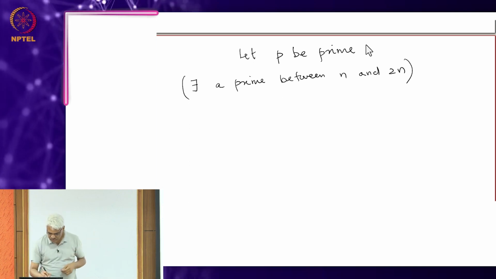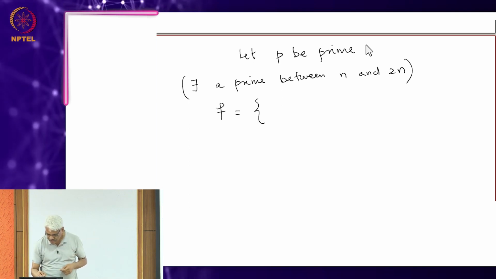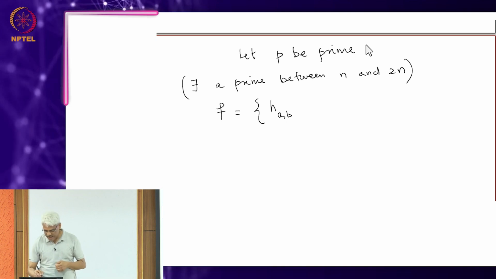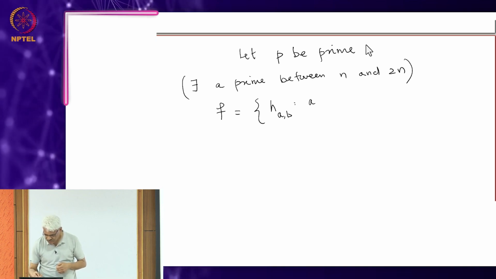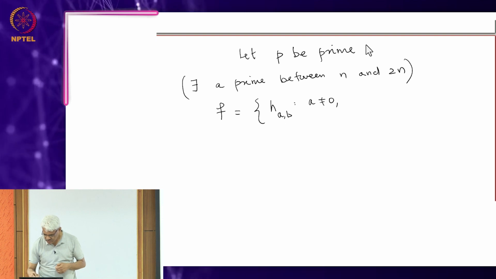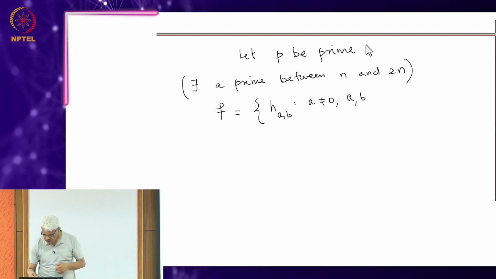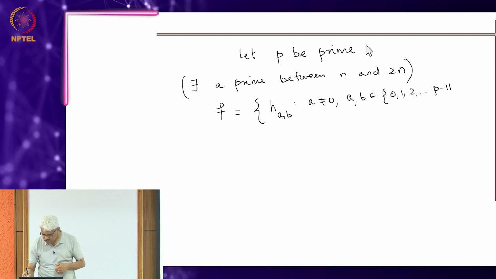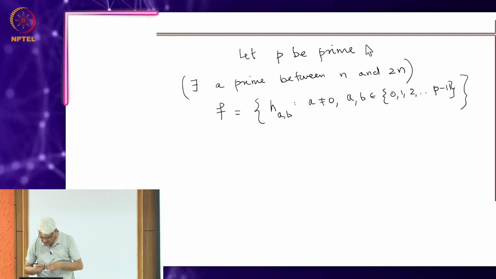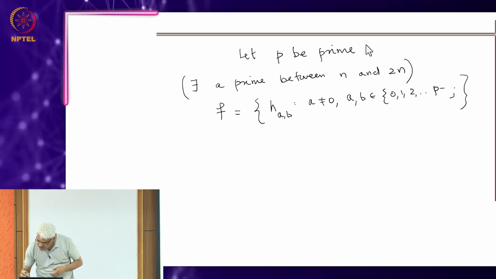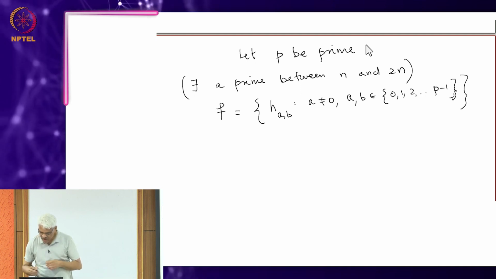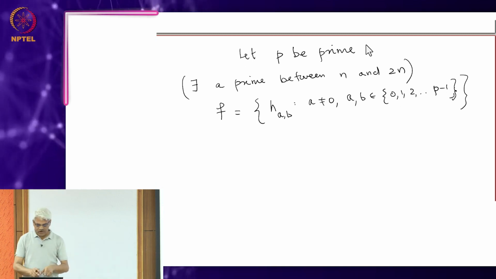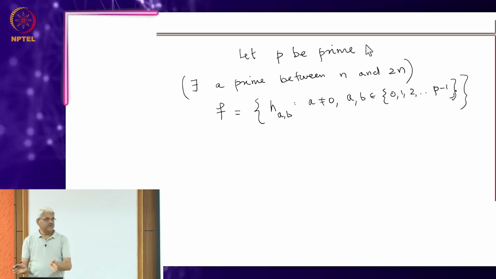So here is my family. I am going to define this family as h_{a,b}, indexed by two numbers a and b. They come from Z_p star, as they say, or Z_p, 0 to p minus 1, except I do not want a to be 0; b can be anything between 0 and p minus 1.